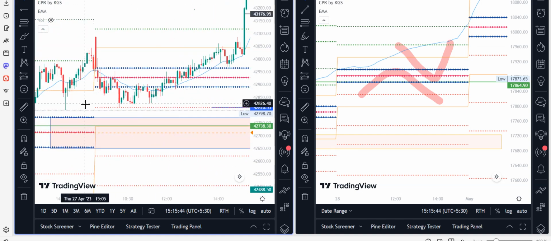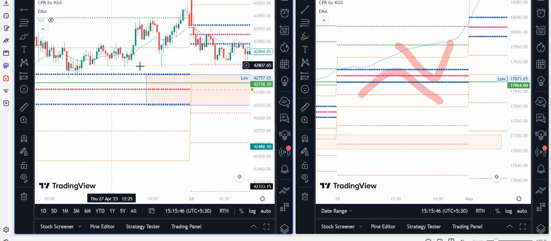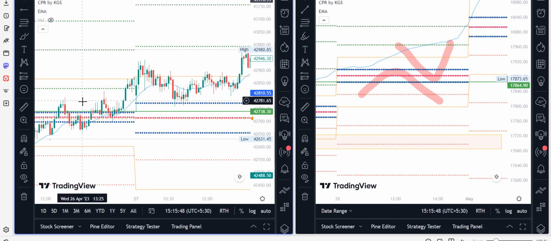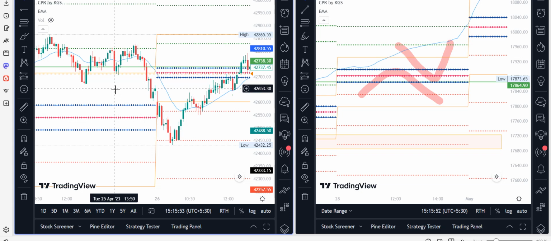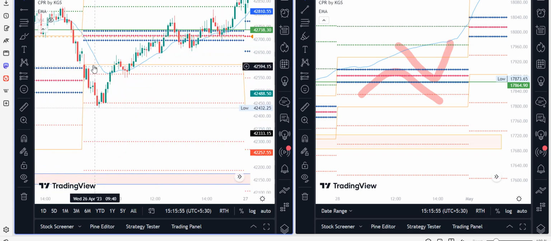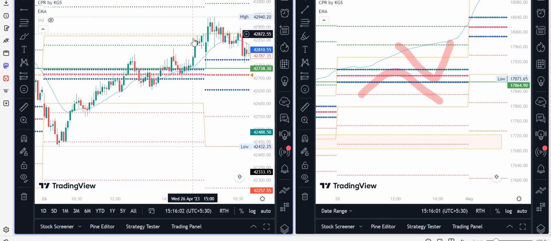Okay, if you see here, this is the price. The price has started here and then goes above the CPR and closed at this point.